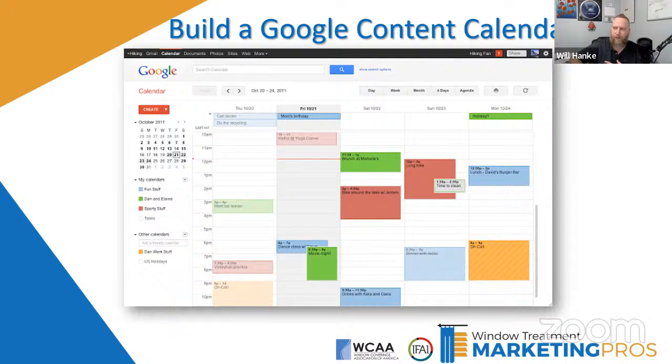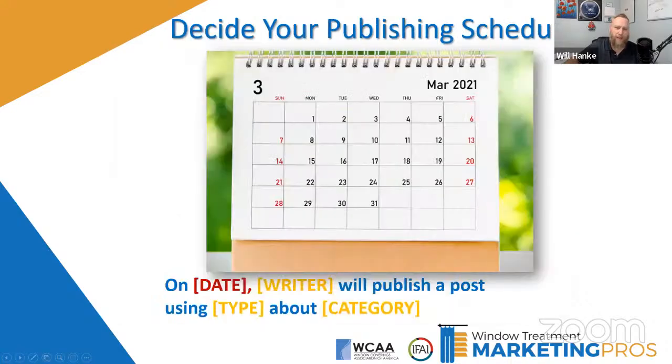The second Tuesday of the month, we're posting a video, right? Third Tuesday of the month, we're posting a new podcast. So you can switch it up so that it's always different content each time, about different topics, things like that. But keeping that all in some sort of a calendar is a great way to make this happen. And then, of course, choose what days make the most sense for you.